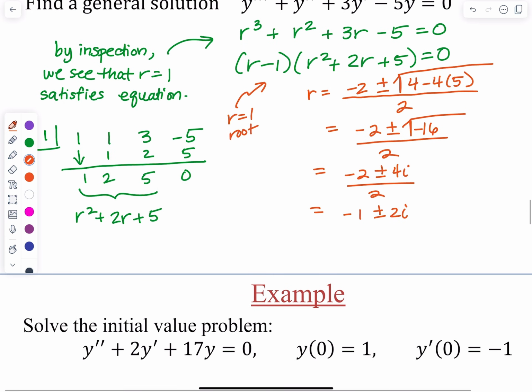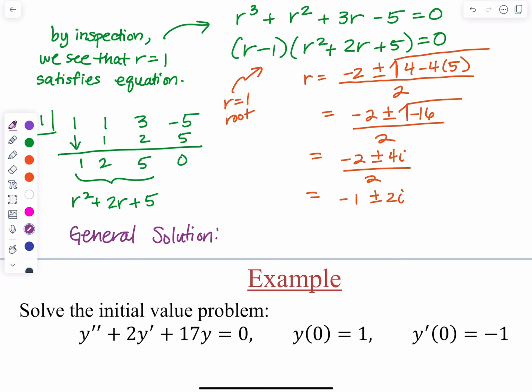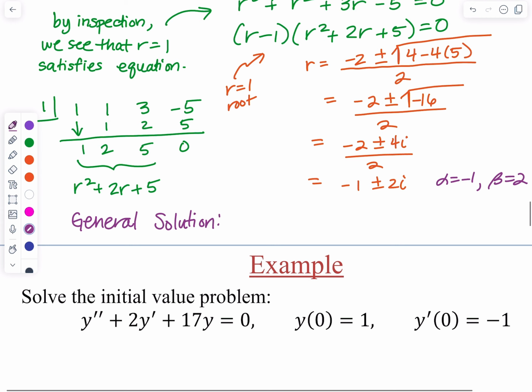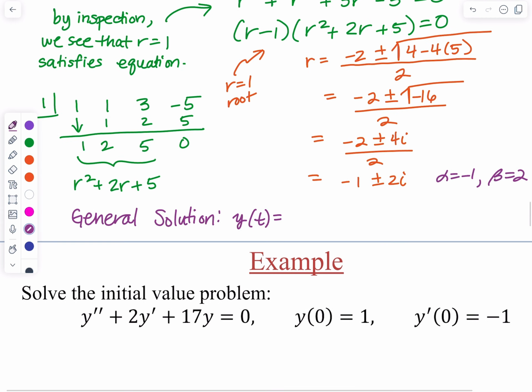So our general solution will look like this. And of course we have alpha equal to negative 1 and beta equal to 2. So our general solution will be y of t equals C1e to the t, which comes from that root.